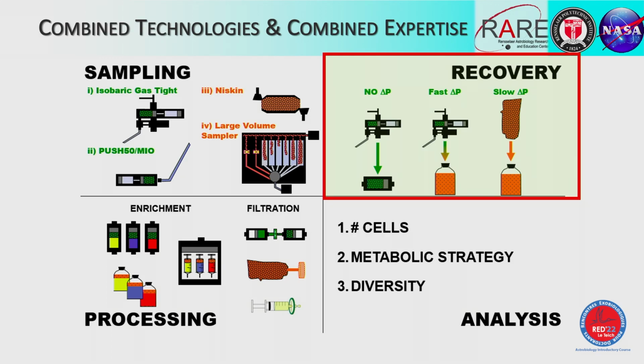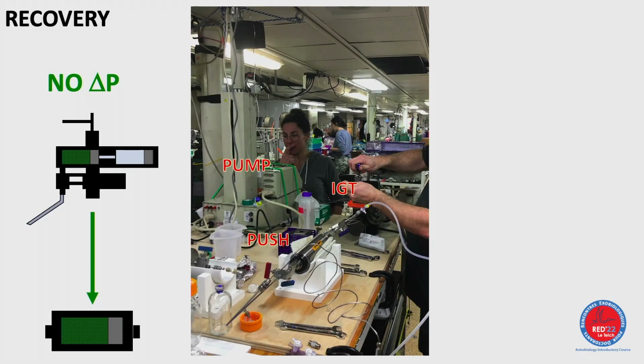So how does it work? Here you have the IGT, and it's under in situ pressure conditions. You have here an anoxic line, just to make sure the transfer line between the IGT and the recipient vessel is without oxygen.